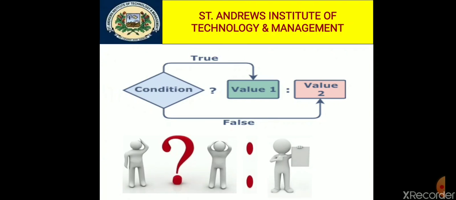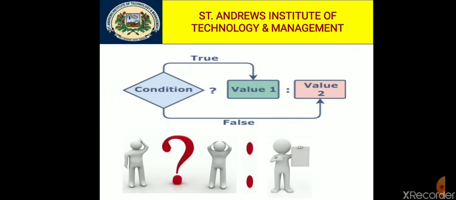Here is an example of a condition. We already know that conditional operators work on 3 operands. The first operand is the condition, then the question mark. The second operand is value 1, then a colon, and the third operand is value 2. In the given diagram we have one condition, and after evaluating the condition we will have two values.